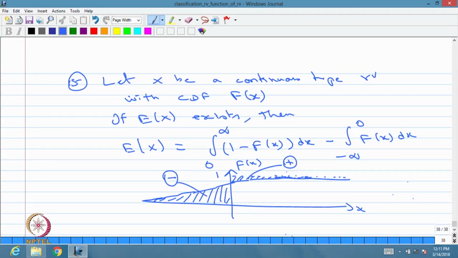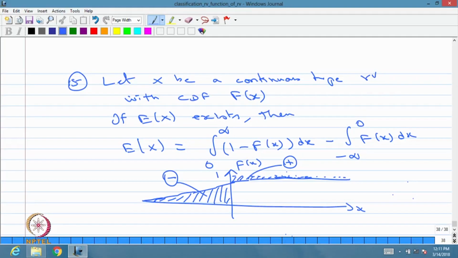So, the plus sign area minus the minus sign area is going to be the expectation value. Therefore, the expectation can be negative or positive based on whether the area between minus infinity to 0 is going to be more than or less than the area between 0 to infinity of 1 minus F of x.